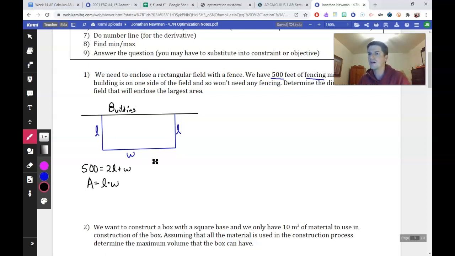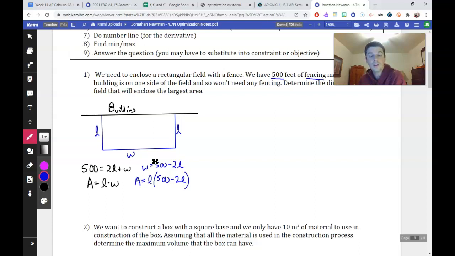You want to be thinking about what is the easiest variable to solve for, and here it's a little bit easier to solve for W, just because then you don't have to divide after you subtract. So let's subtract 2L from both sides, so we get W equals 500 minus 2L. Then we put that back in for W because it's equal, so we have area equals length times 500 minus 2L.